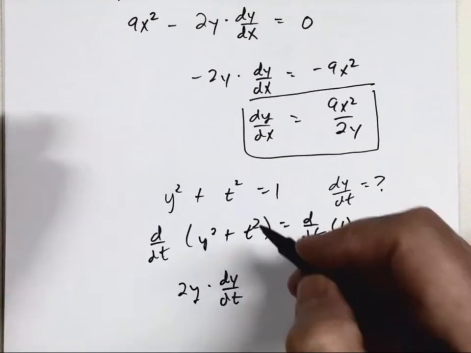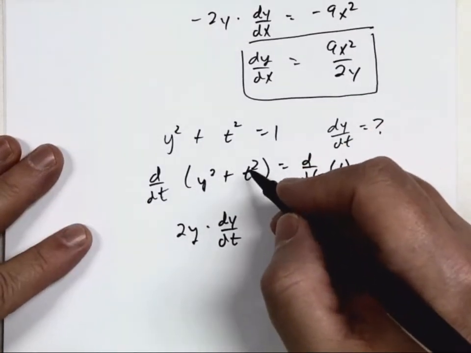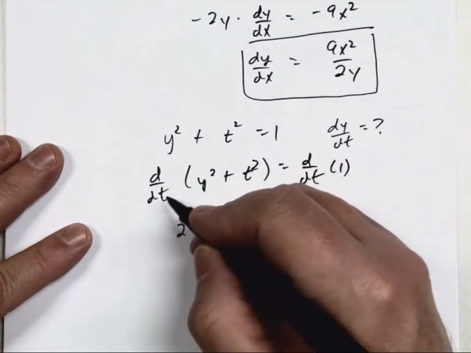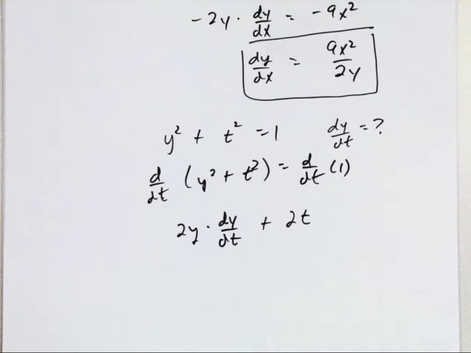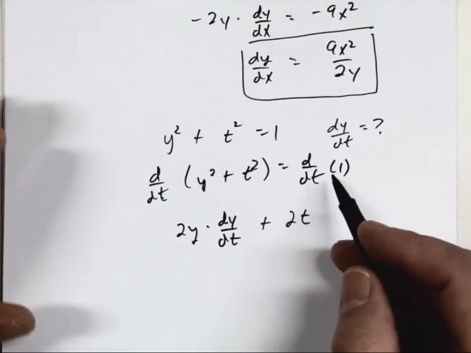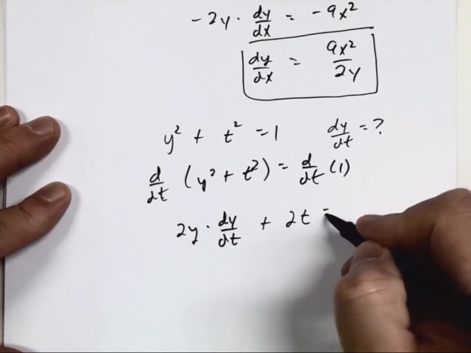And now the derivative of t squared. Now you notice the variables are the same. Derivative of t squared with respect to t. So I just take the derivative, and I'm done. And the derivative on the right-hand side, derivative of a number is always 0.